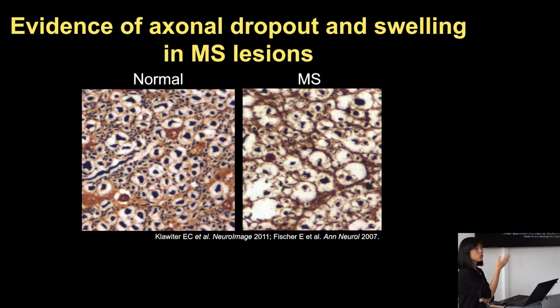These are basically postmortem specimens from people who have died after a lifetime of MS. There are various hypotheses from the pathology literature. Could it be that the axons are swollen? Is there some sort of preferential dropout of smaller diameter axons, and then a compensatory swelling that occurs to try to preserve conduction velocities within these damaged areas of white matter?